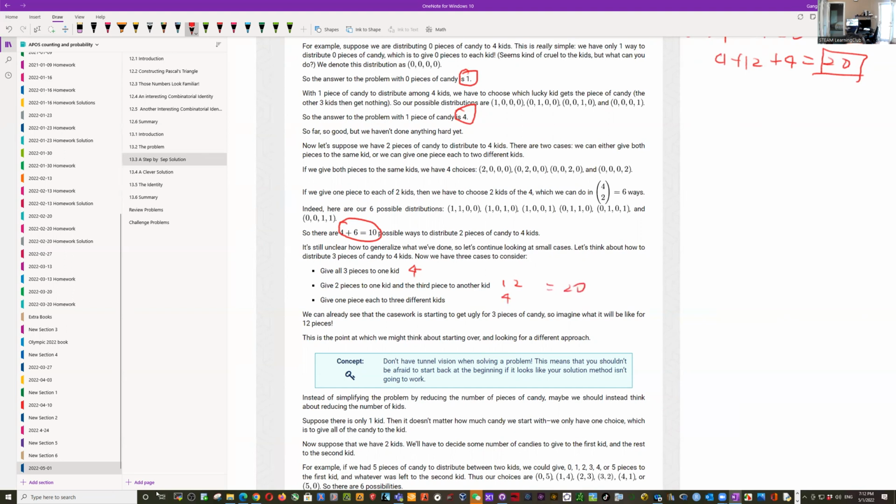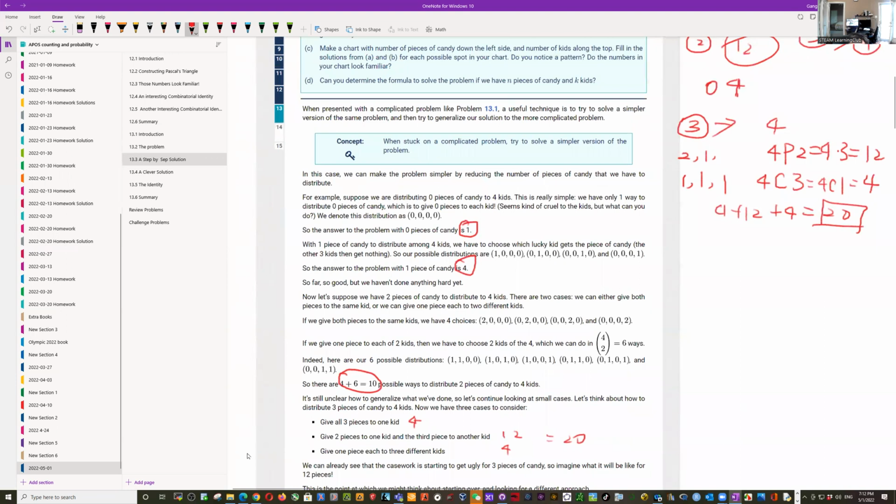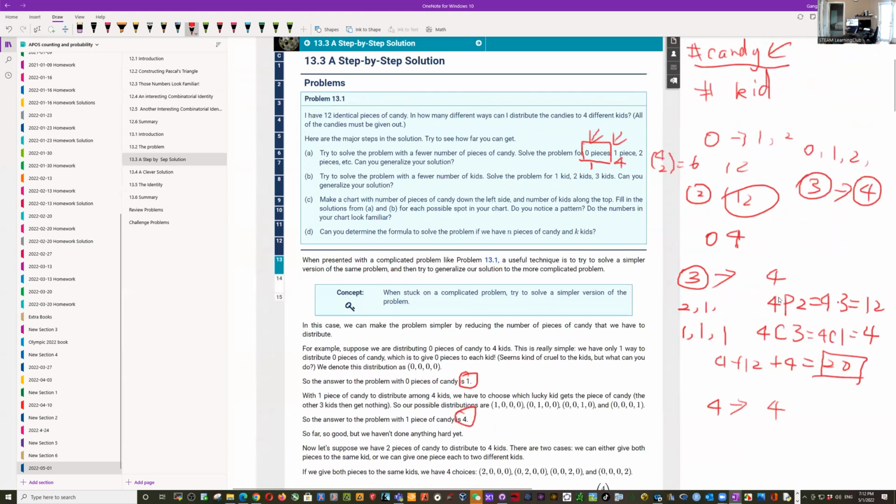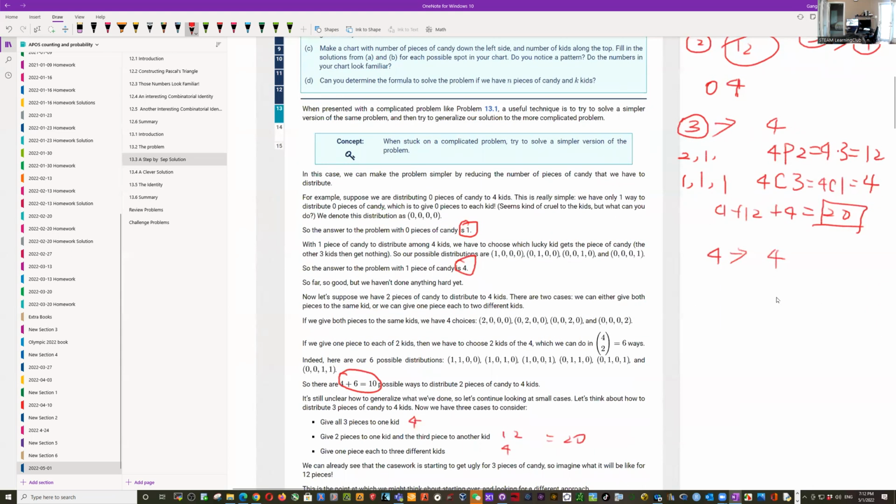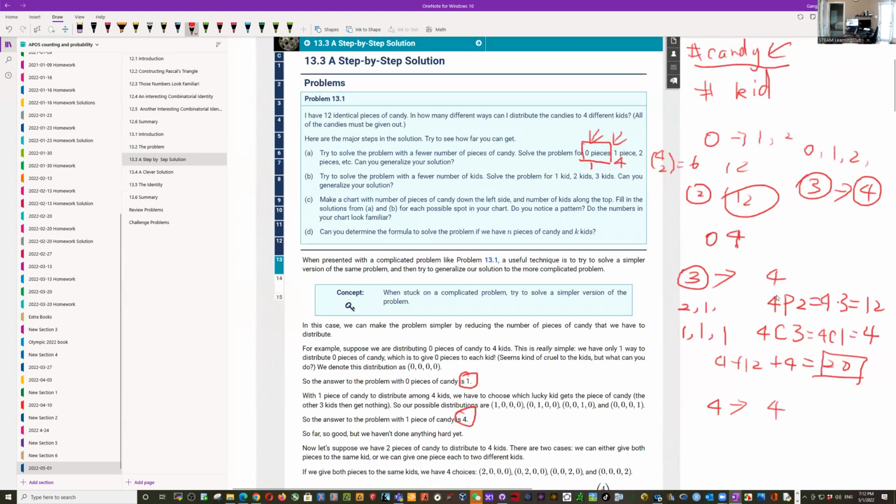And it has already become complex. If we have to go to 4 pieces of candy for 4 kids, it becomes even more so. The key thing is that going down this path, you cannot build upon the previous case.